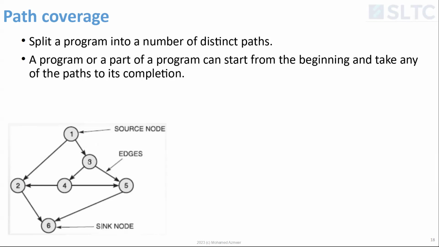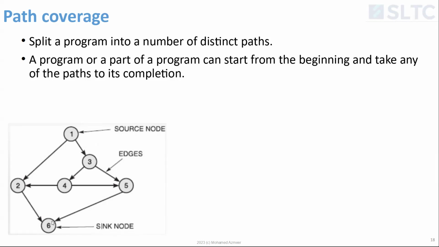You can also go to 1 to 3, then 3 to 4, and 4 to 2 also. Isn't it? So similarly, to go to number 5, you can go to 1, 3, 5 or 1, 3, 4, 5. That is also possible. Similarly, to go to 6, there are different paths available. 1, 2, 6, 1, 3, 4, 2, 6, 1, 3, 5, 6, like that.